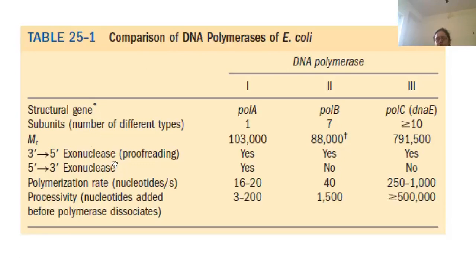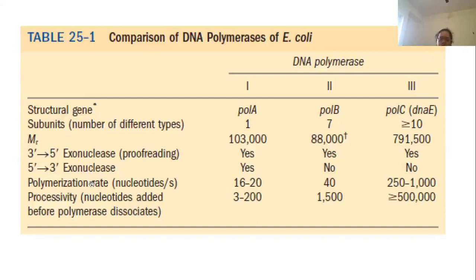If any incorrect base is there, then it can be removed by either 3' to 5' exonuclease activity or 5' to 3' exonuclease activity. Why are these exonucleases named so? Because they can remove one nucleotide at a time from the 5' end or from the 3' end. In this way, the incorrect bases in the DNA can be removed and the whole of the DNA will be checked by this proofreading activity of polymerases.